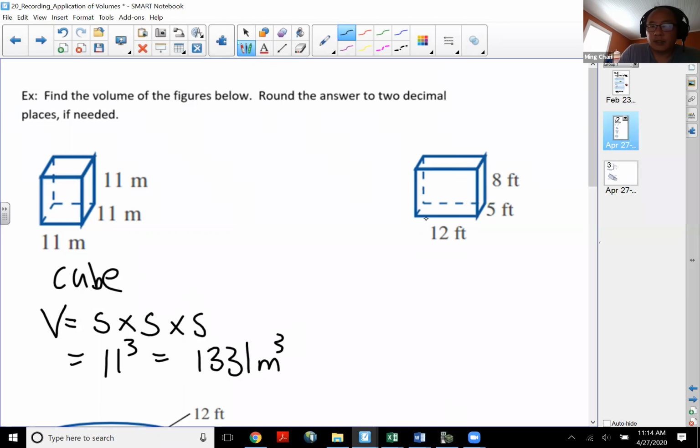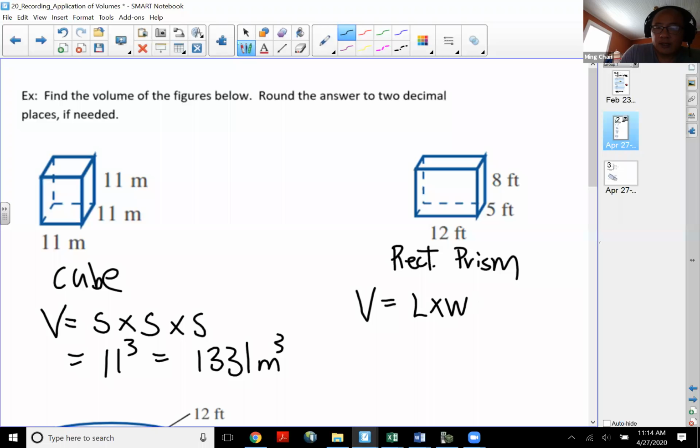For this one, if you look at the dimensions, this is a rectangular prism, or rectangular solid. So to find the volume, we find the area of my rectangle base, length times width, then times the height of my prism.